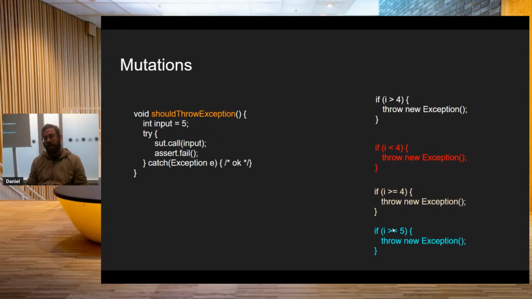It checks, yes, it's equal to 5, so it's going to throw an exception. So this test case doesn't kill this mutant. Let's input 4 instead, because 4 is not going to throw here, and it should not throw, right? Complementary test case. So we input 4 into this one, doesn't throw. We input 4 into this one, it doesn't throw.